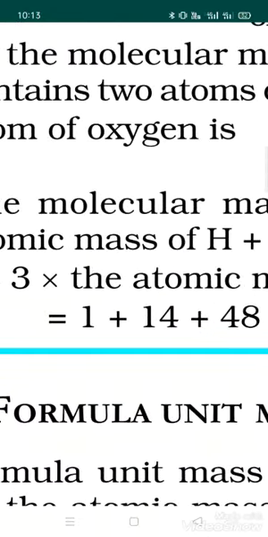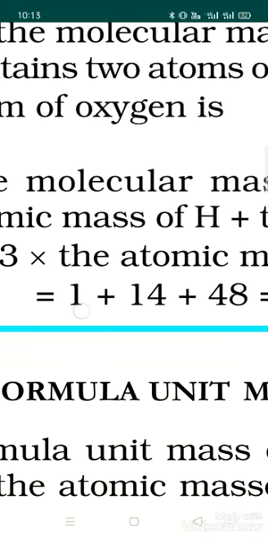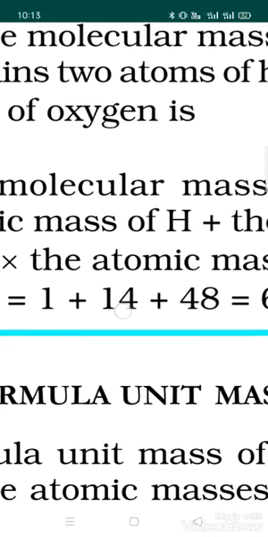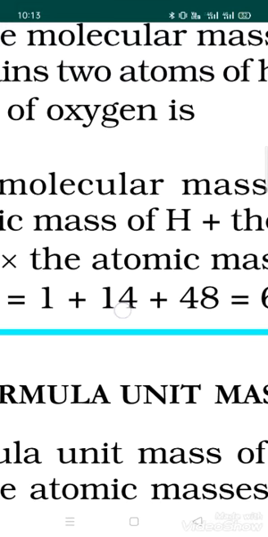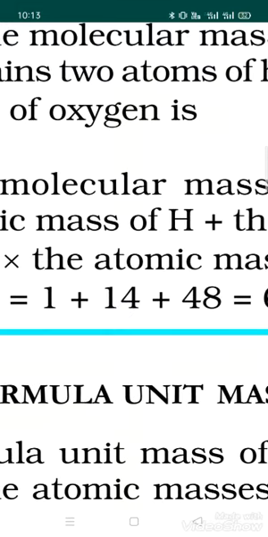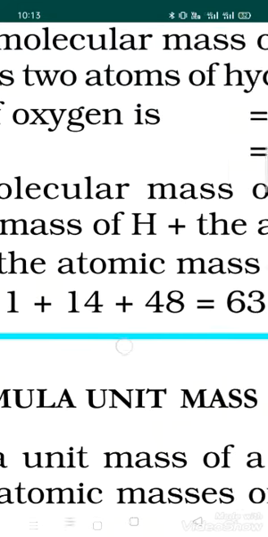So one hydrogen multiplied with the atomic mass of one hydrogen atom, one nitrogen multiplied with the atomic mass of one nitrogen atom, this is 14, so 1 multiplied with 14 gives 14.